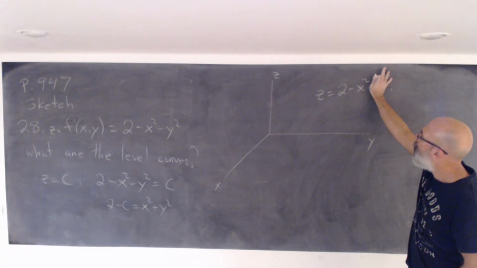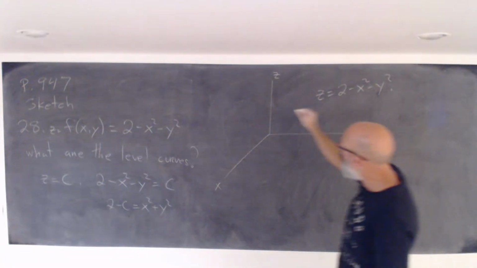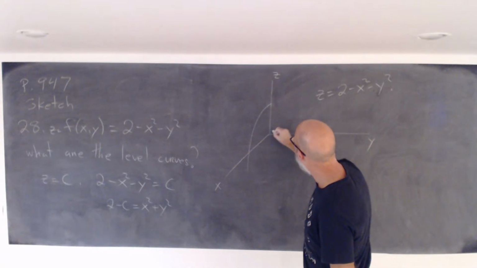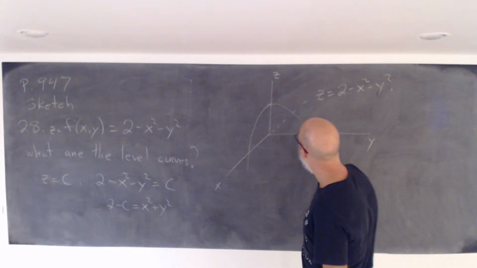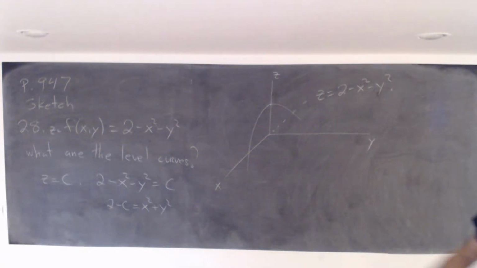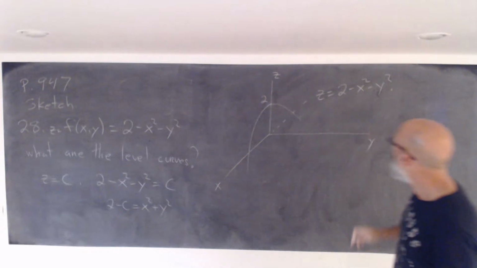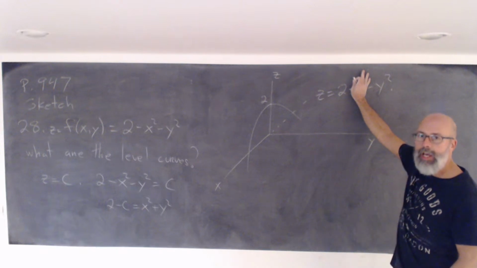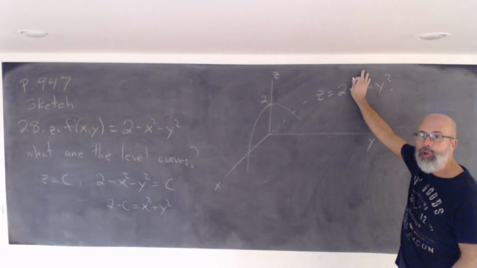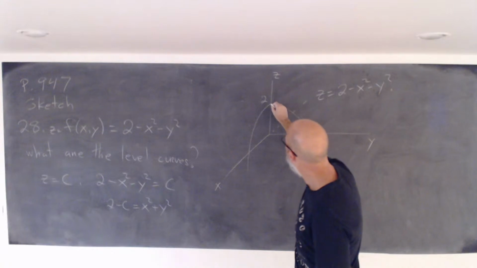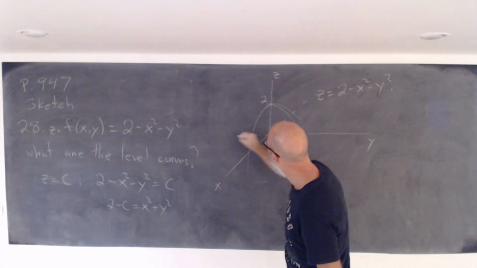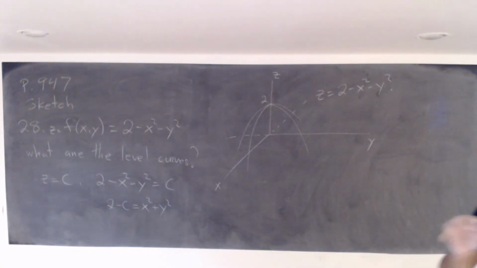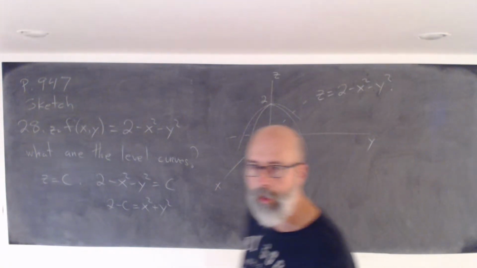It's a parabola coming down, starting at 2. And in the yz plane, when x is 0, it's again a parabola, starting at 2, coming down. So you have this sort of skeleton, if you will.